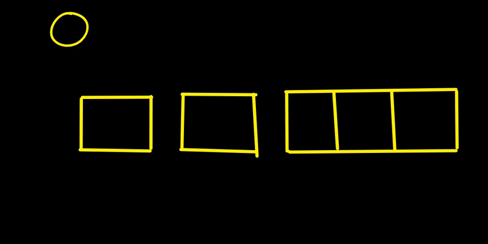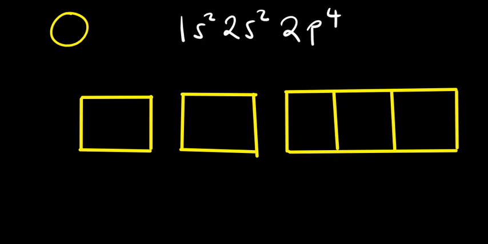So what are we going to have? The electronic configuration doesn't really provide the most specific detail, but at least it shows something. So you have 1s2, you have 2s2, the s is done, you go to 2p4. Basically that's how it's going to be.